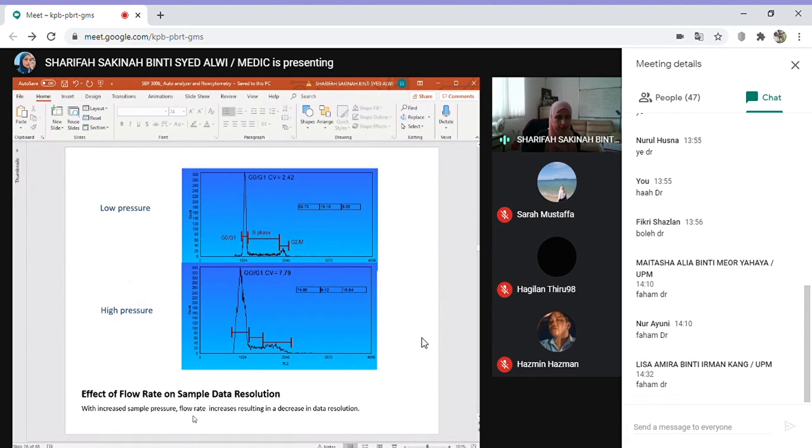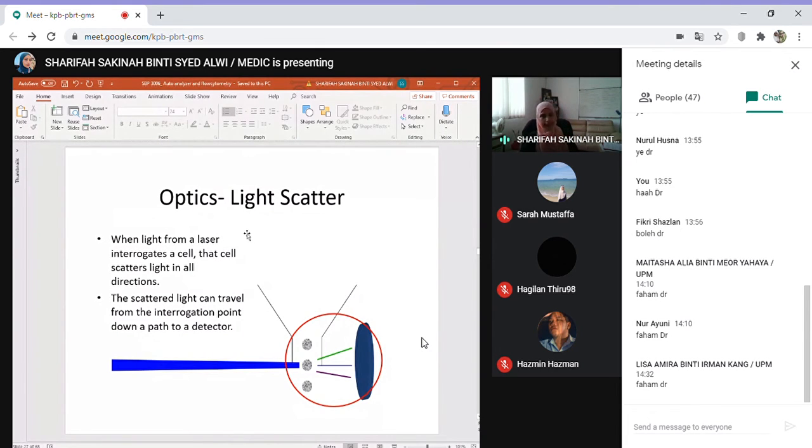With increased sample pressure, flow rate increases, resulting in a decrease in data resolution. What does that mean? It means the accuracy of the data can be questioned.